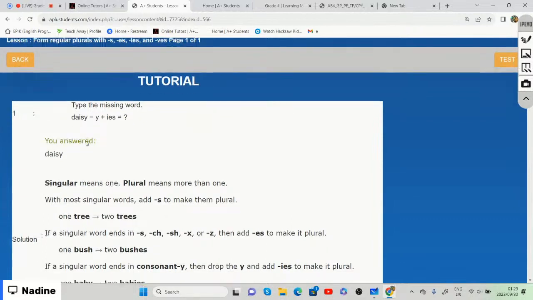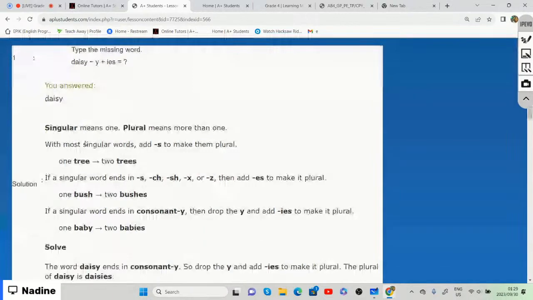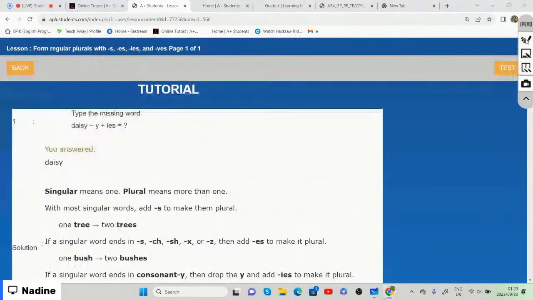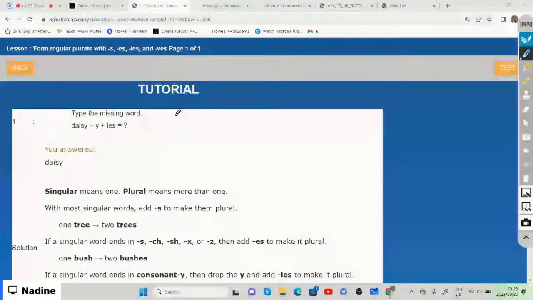So daisies. If we drop the y, we add the ies, and we can say daisies. And as you can see, there's no y. Daisies is the plural form of daisy that ends with a y.